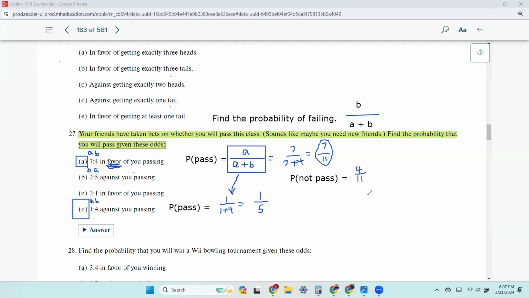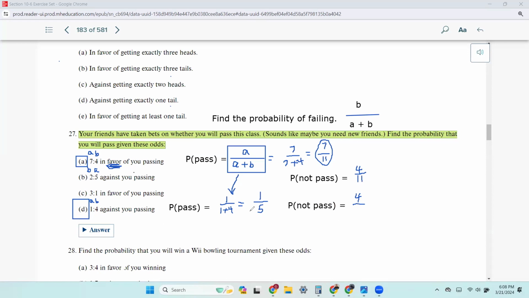Okay. So the same thing down here. So the probability of not passing in the case of D, all right, this time B is 4. And then down here, it's the same one.